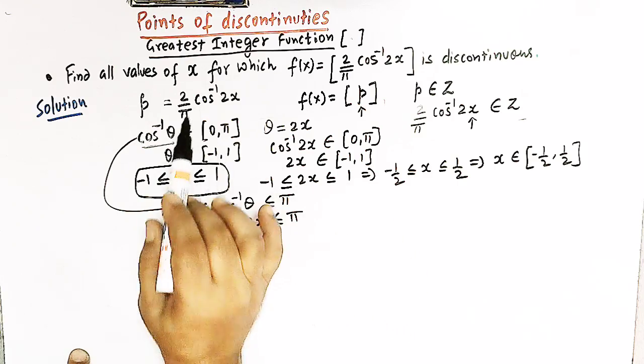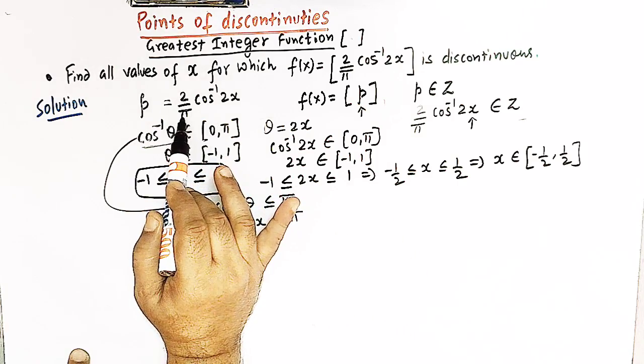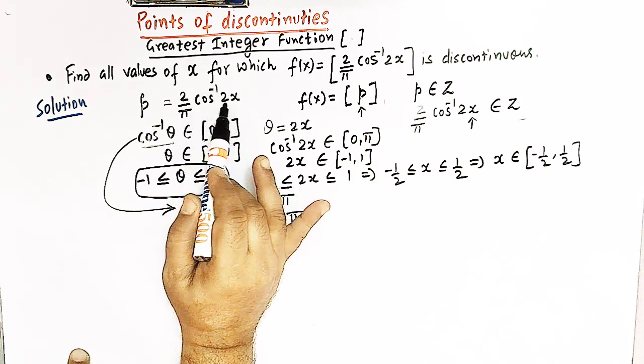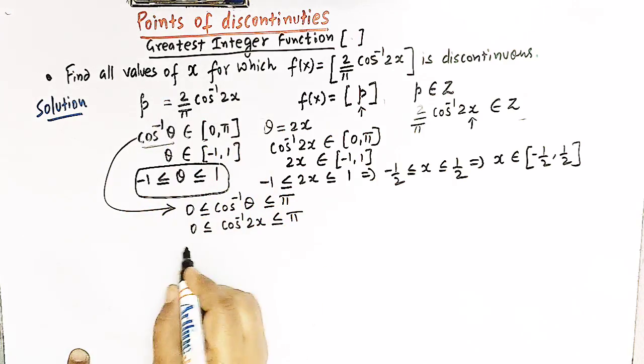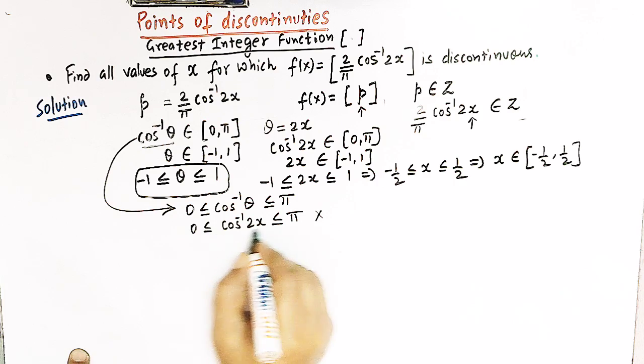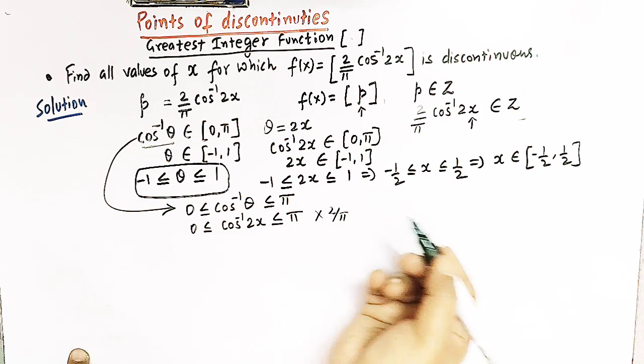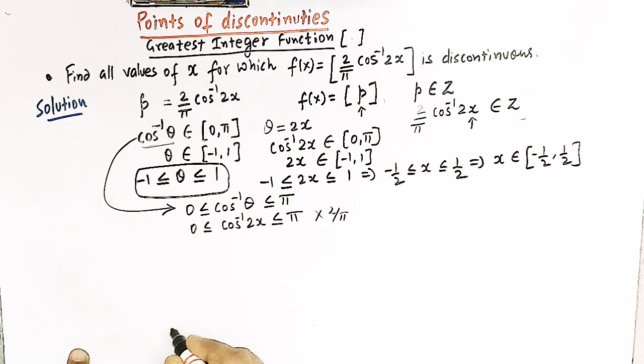Now here we have 2 over pi, that is the coefficient of cos inverse 2x is 2 over pi. So let us multiply this inequality throughout by 2 over pi, and 2 over pi is a positive number.